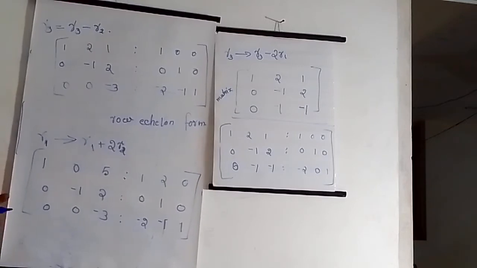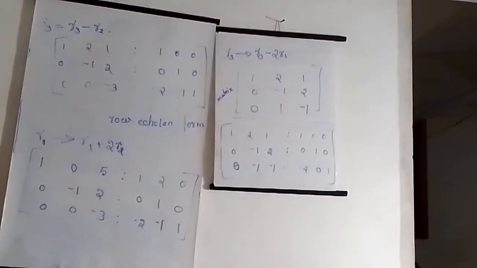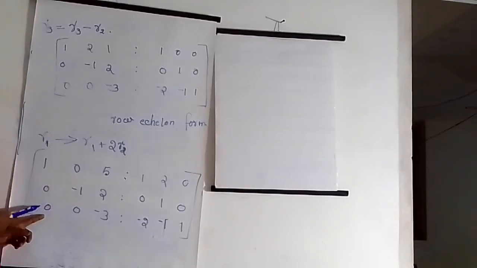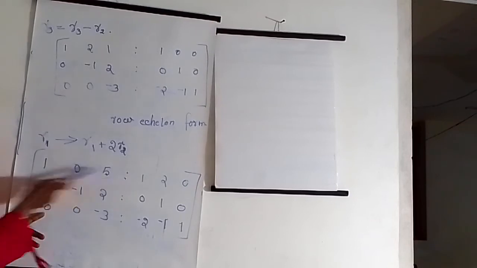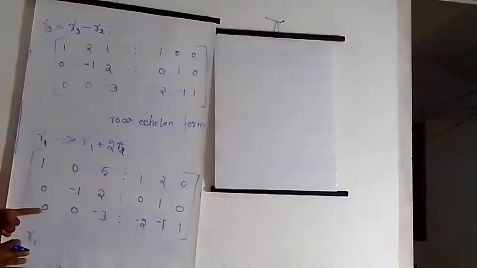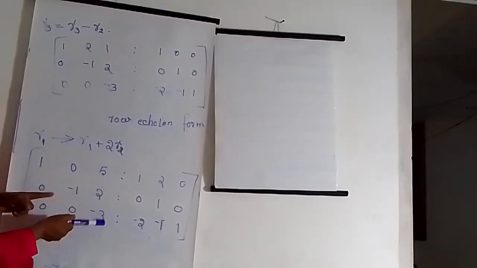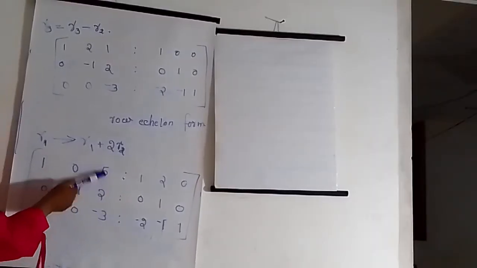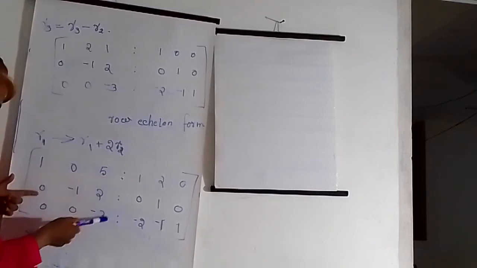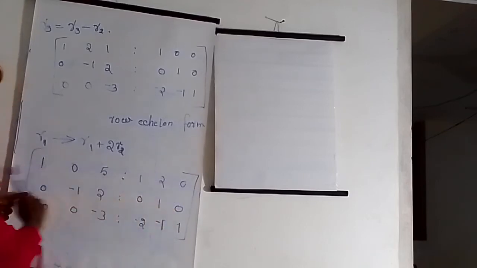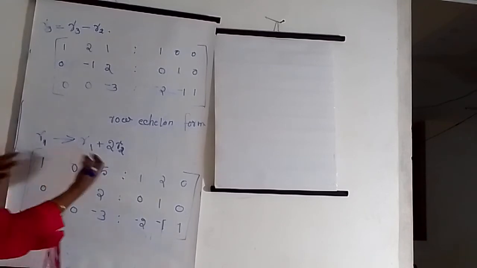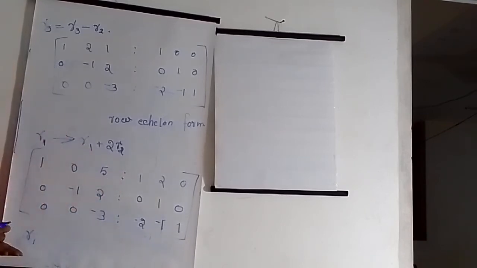Now what is our next aim? See this one. We are going to multiply this row by 5 and the first row by 3, and we are interchanging with these two members because we want to make 0 here. If we multiply all the members by these 3 and 5 and then add it to row 1, we will get a 0 here.